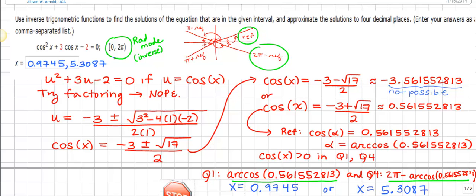And secondly, if it can be the value, then you need to find the reference angle by using cosine equals the absolute value of whatever this number is right here. Therefore, you're guaranteed a quadrant 1 solution using arc cosine, and then you can go back and use our standard way of finding the other solutions using the reference angle.